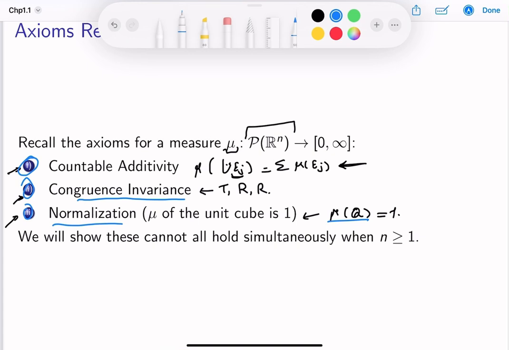Okay, so what do we do? Well, there are two things that you may think of doing, right? You either drop one of these properties or make it less strict. For example, you may think, how about we only require that the volume of a disjoint union of finitely many disjoint sets is equal to the sum of their volumes, or the measures.